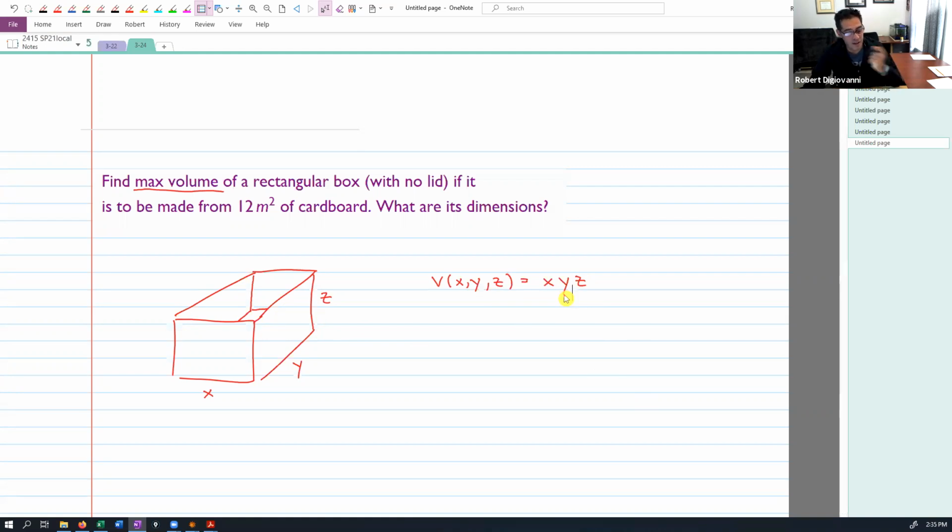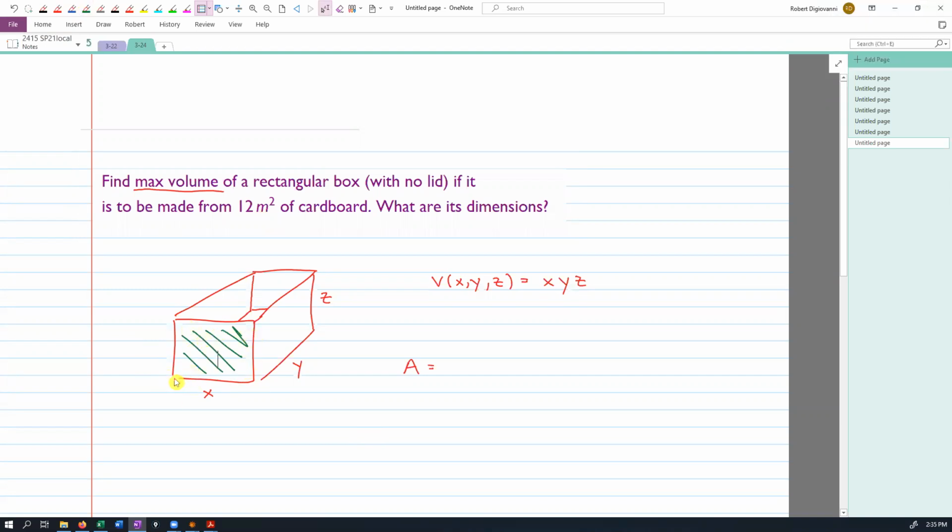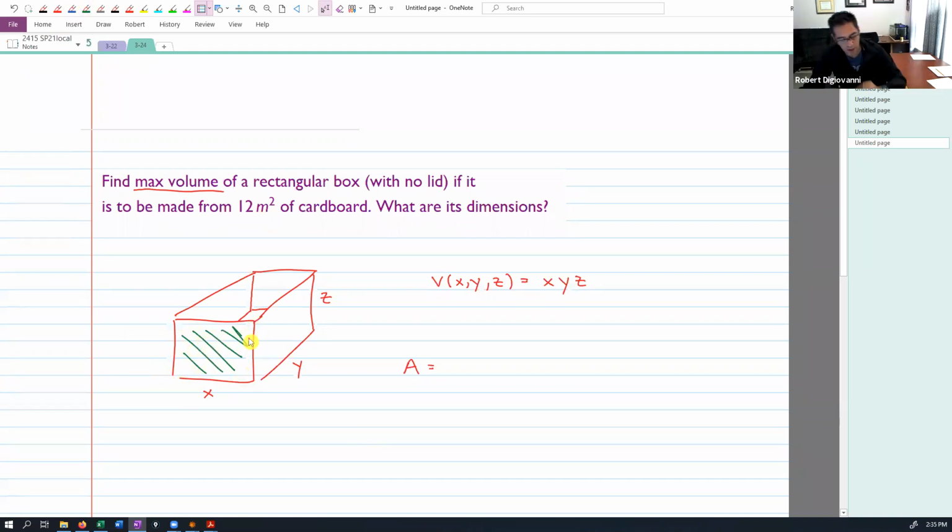The constraint is that the surface area of this box has to be made out of 12 square meters of cardboard. So what's the area of this front face? Length X times the height, which is Z, so that's XZ.